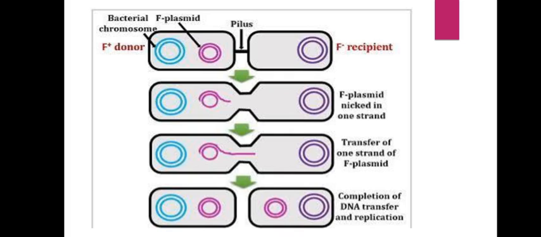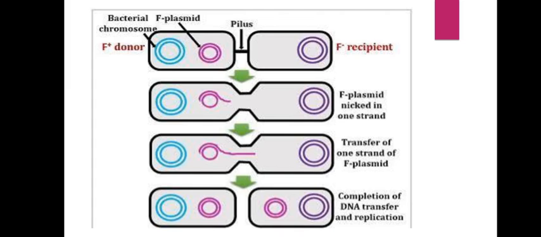That site is called oriT. Okay, I'm repeating, there is a special site in F plasmid that is called oriT, and at this site, relaxase protein makes a cut in the single strand of F plasmid. After making that cut, that single strand of F plasmid is transferred through the expression of DTR genes we have discussed.